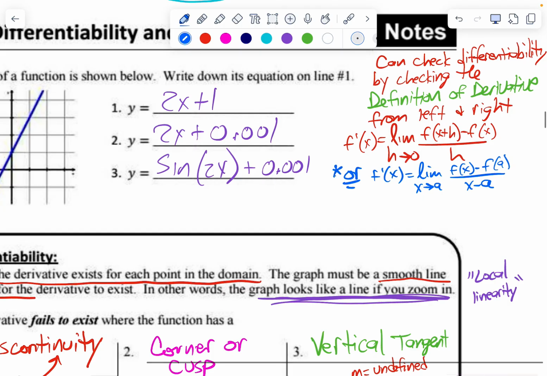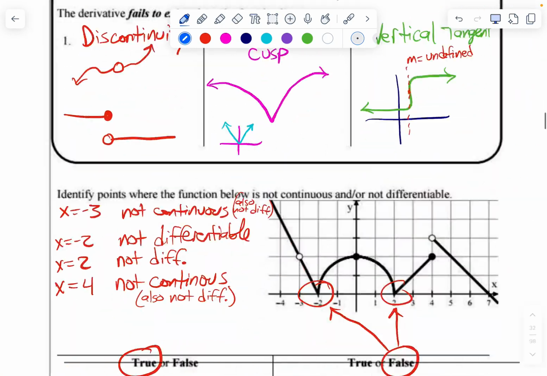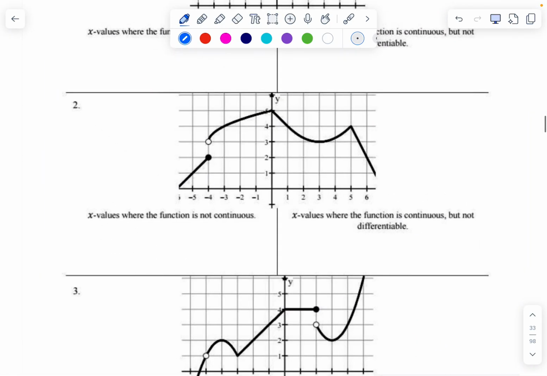I think you'll probably like this one better in most cases. The blue one. But you can use either one. And if you forgot how to do that, go back and look at 2.1. We had an example of both of these. Okay? All right, let me show you a couple more examples.